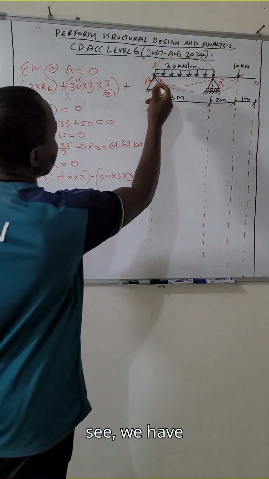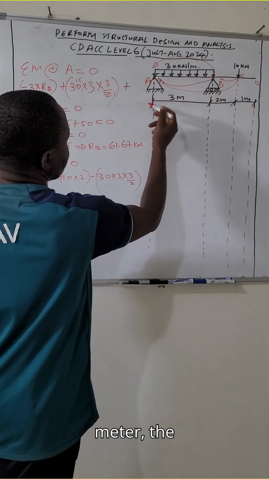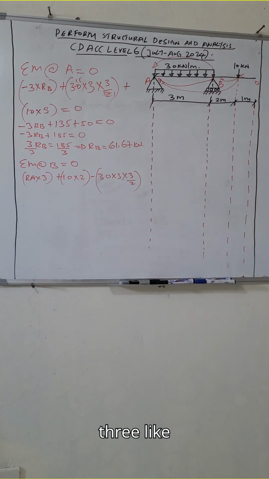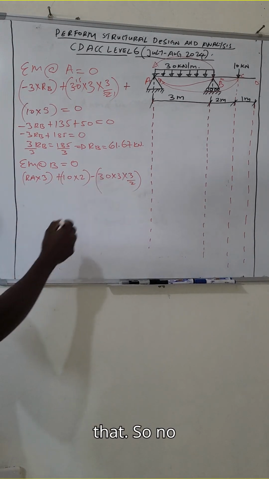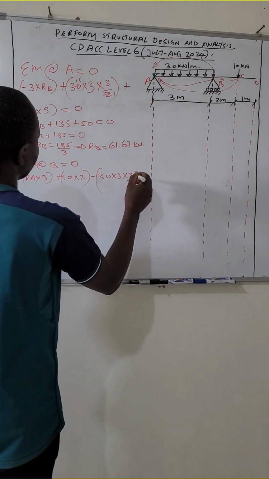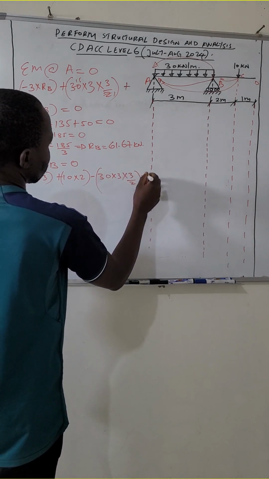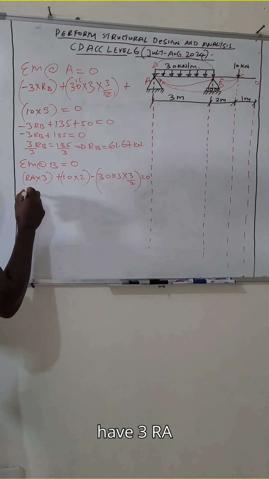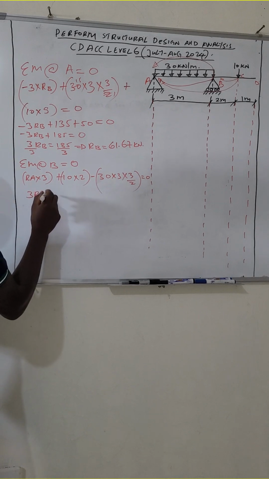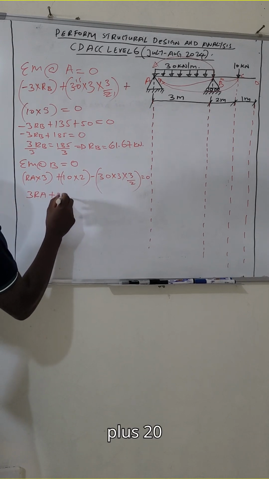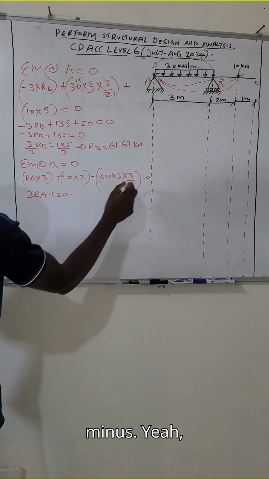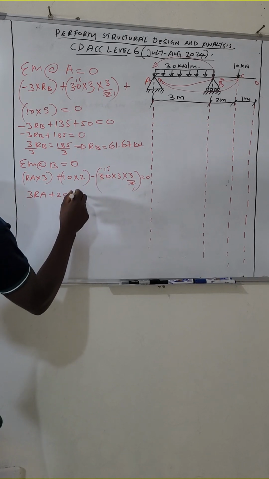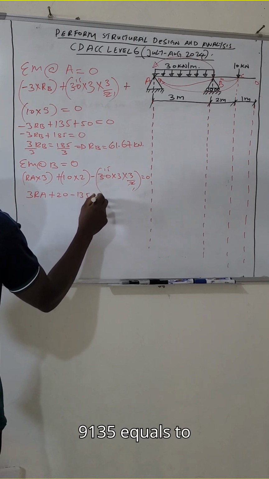As you can see, we have 30 kilonewton per meter, the distance is 3, so a half of 3, like that. No other force, equate to 0. So let's open the bracket. We have 3RA plus 20 minus 15 times 9, that is 135, equals 0.